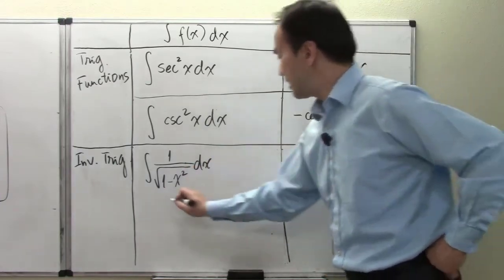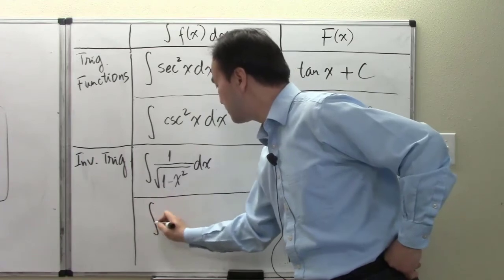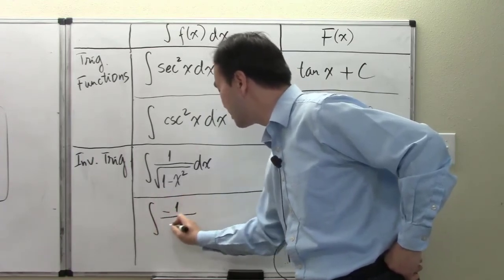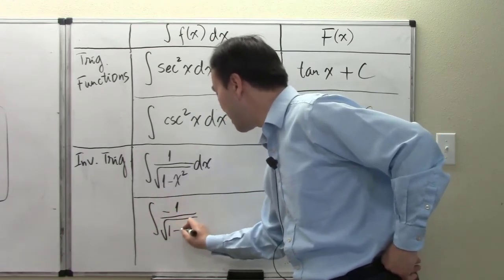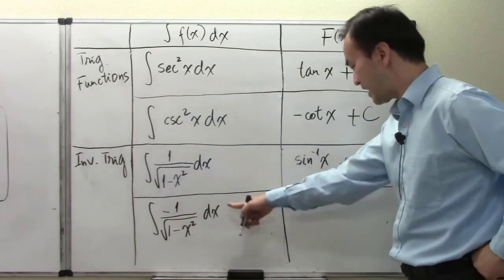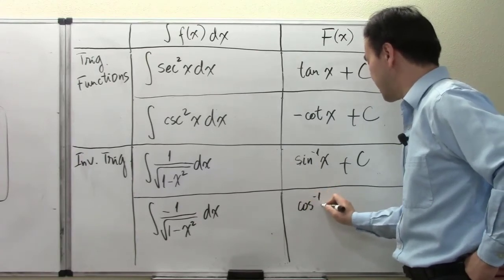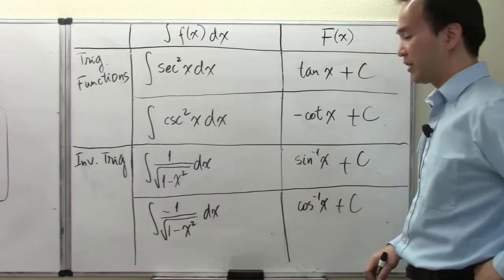And then we just now looked at another one. So minus 1 over square root of 1 minus x squared dx. That gave us cosine inverse of x. And of course, don't forget the plus c.